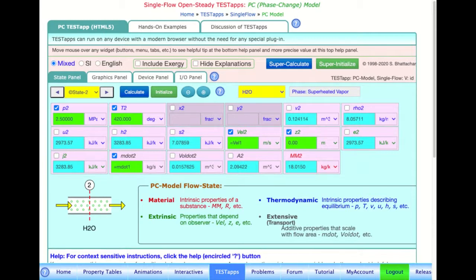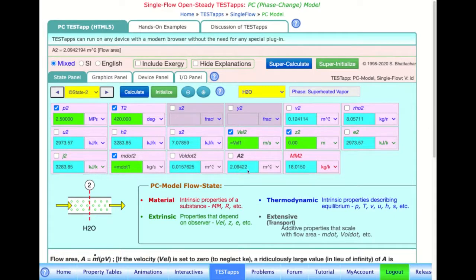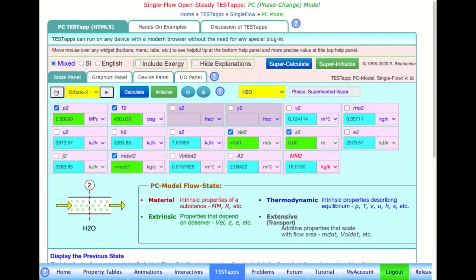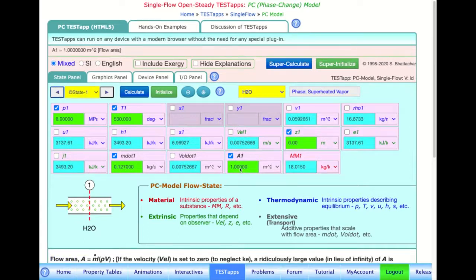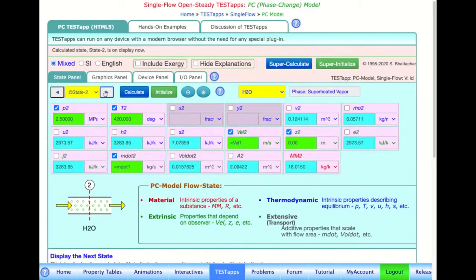And so we can then go back. And so we have the answer to the second part. The answer is that whenever area 1 is equal to 1, area 2 is 2.09. So 2.09 is the ratio of the exit area to the entrance area for a constant velocity from inlet to exit.